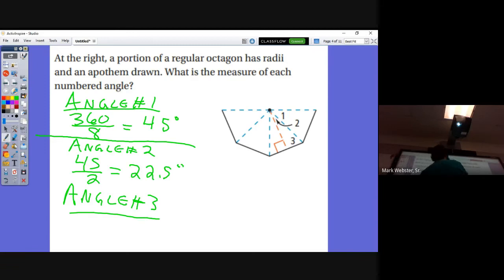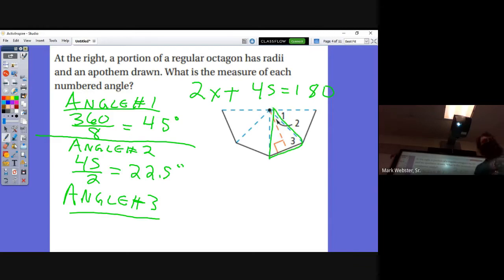So once again, 2x plus whatever this thing is. Right, and so now since we're working on this triangle here, the 3 angles add up to 180. So subtract the 45.